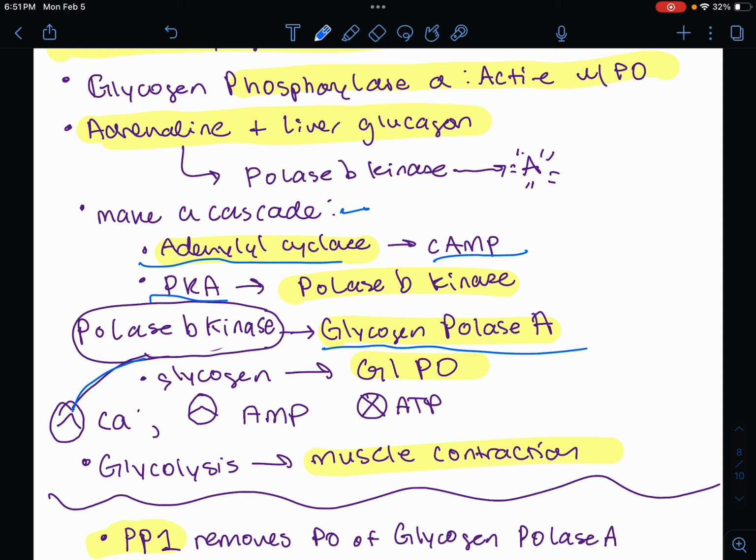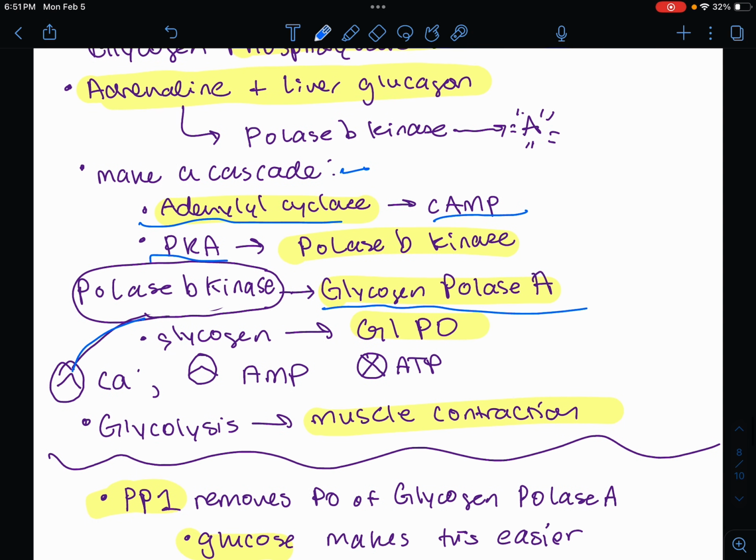Once glycogen phosphorylase A is active, we're going to get glycogen broken down into glucose 1-phosphates. Remember, cleaving all of those alpha 1,4 linkages until we are 4 units away from that branch. That's going to create 10,000 glucose 1-phosphate molecules. Again, it's a cascade. It's being amplified through this process of all of these phosphorylations.